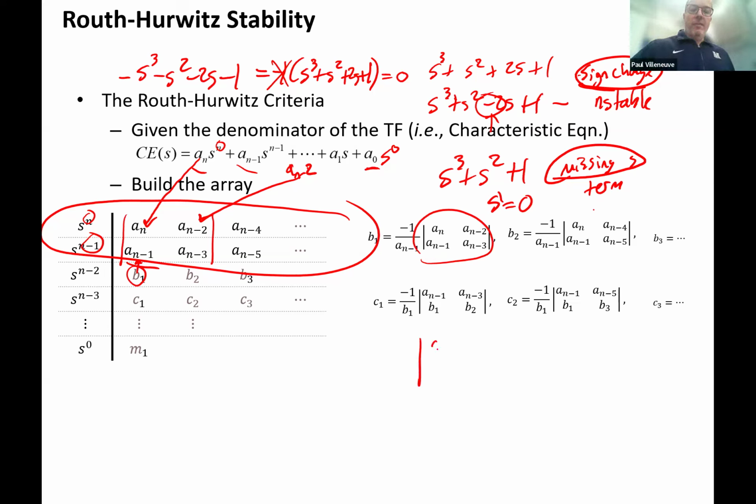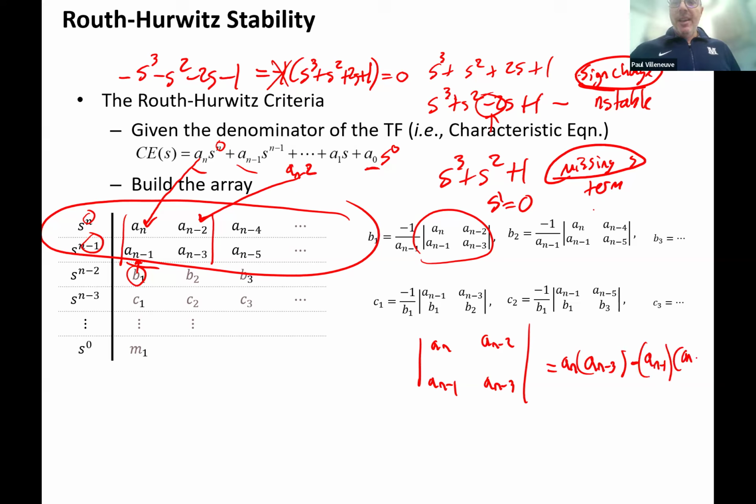So a_(n-2), a_(n-1), a_(n-3). If I take the determinant of that, it's a_n times a_(n-3) minus a_(n-1) times a_(n-2).